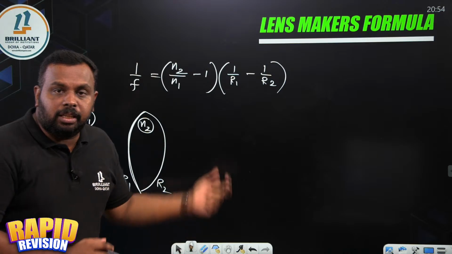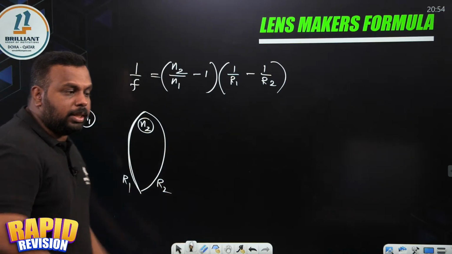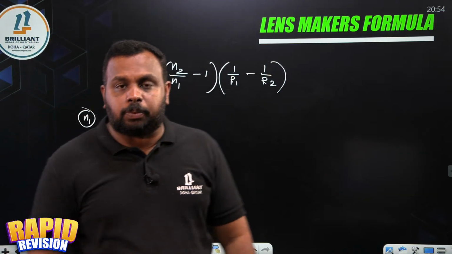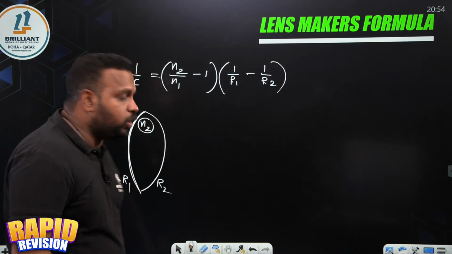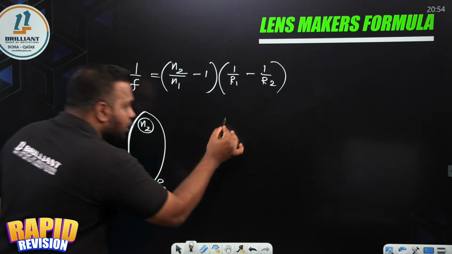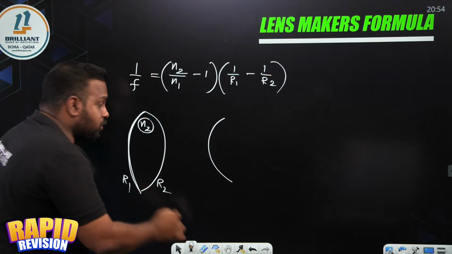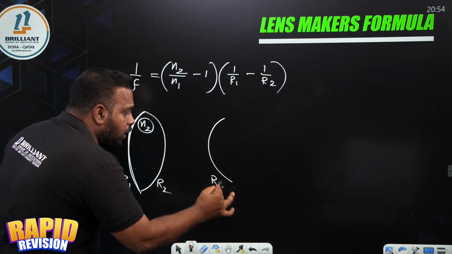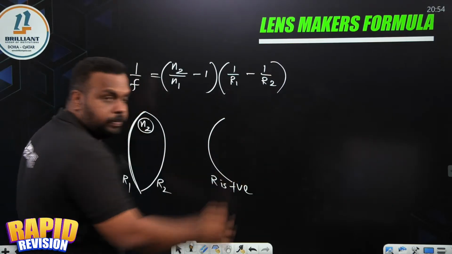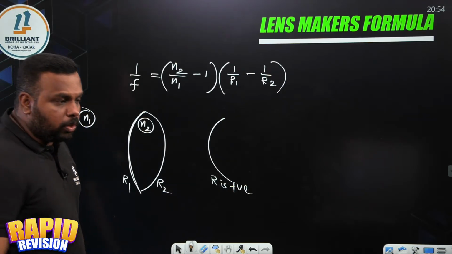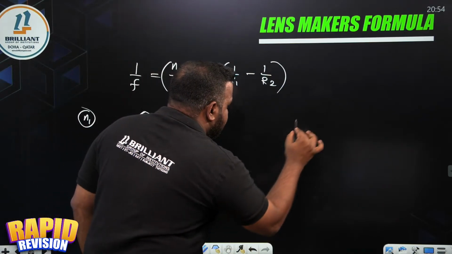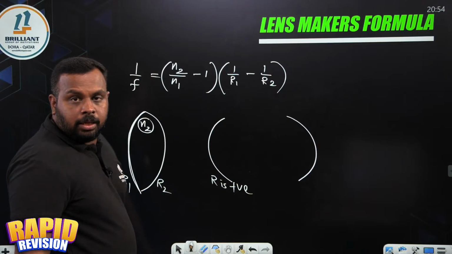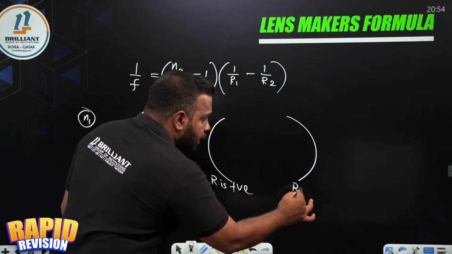What is the sign of r1? Is it positive or negative? What is the sign of r2? If you are looking from the left side and the shape is like this, the sign of r is positive. If the shape is like this, the sign of r is negative.